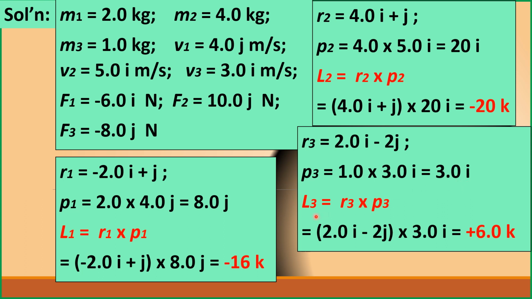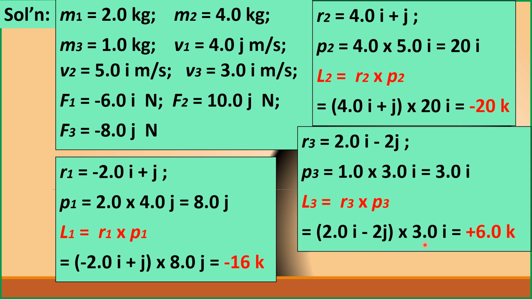So its angular momentum L3 is r3 cross multiplied by p3. Substituting, we have r3 is 2.0i minus 2j, to be cross multiplied by the value of p3, which is 3.0i. 2.0i cross multiplied by 3.0i again is equal to 0.